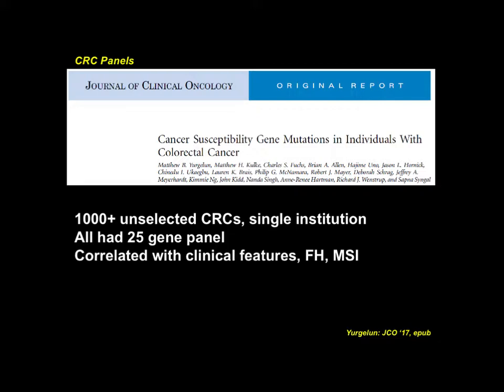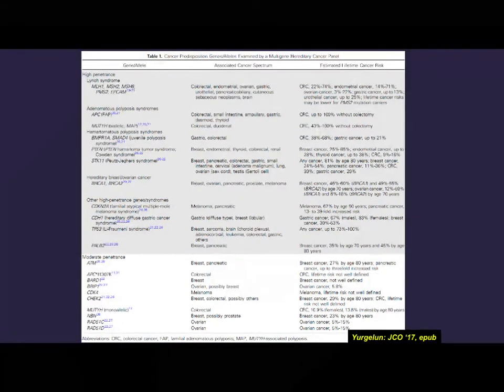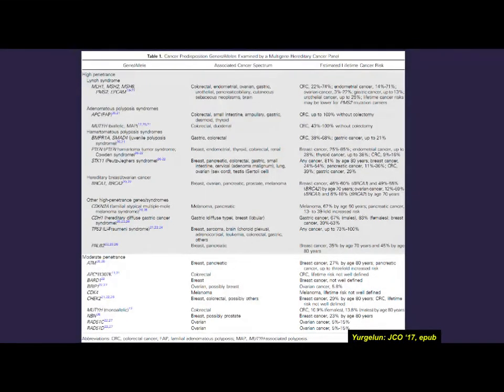Congratulations on this really important work, single institution based, but doing panel testing on everybody that showed up with colorectal cancer over a short period of time in Boston. This is the list of all the genes that were in the expanded panel that covers not just mismatch repair, but all the other usual and less usual suspects in people with colorectal cancer.